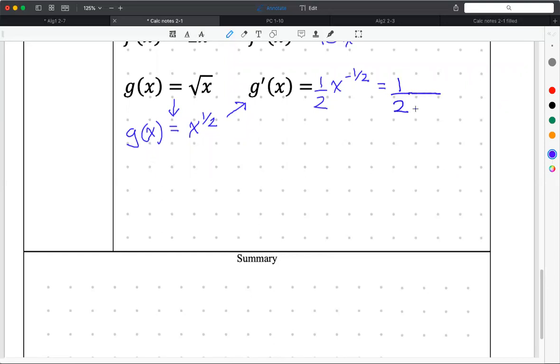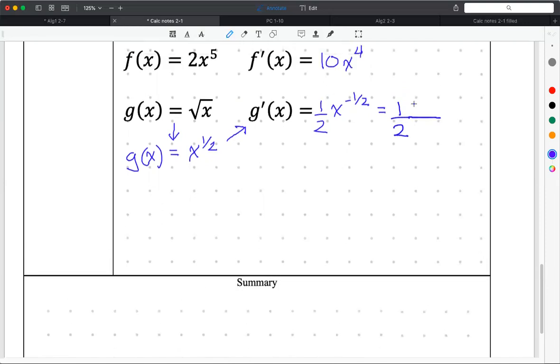Would it be 2 over x to the 1/2? No. The 2 is already in the denominator, so it's 1 over 2. Where does the x go? Top or bottom? Numerator or denominator? Denominator. And what power do I have now? 1/2. Thank you.